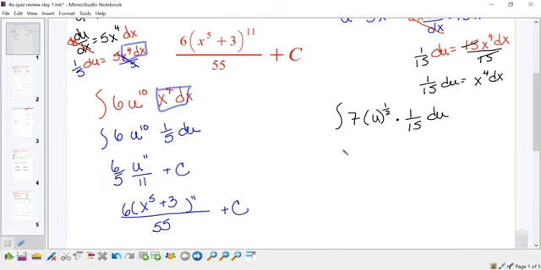All right, so doing 7 times 1/15, that's the coefficient. Add 1 to the power, so 1/2 plus 1 is 3/2, divided by the new power plus c. Dividing by this fraction is the same thing as multiplying by the reciprocal.